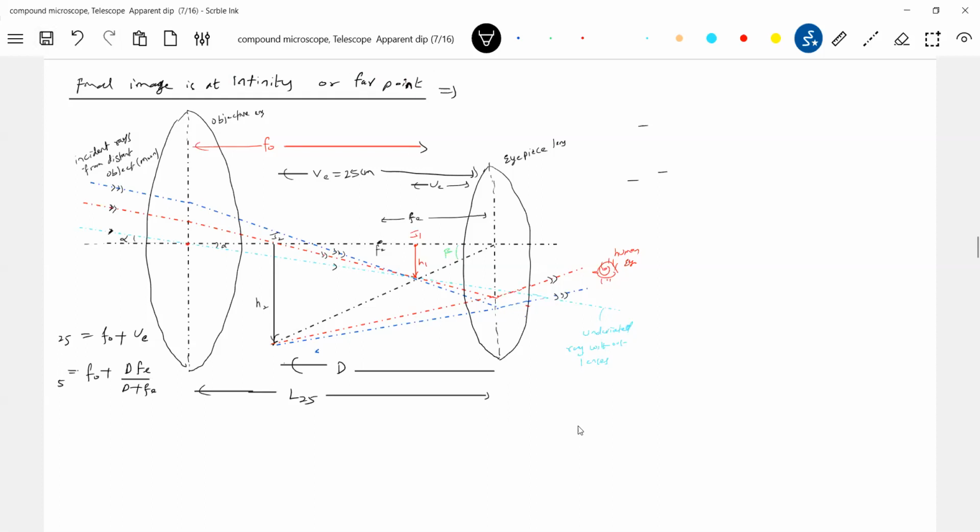Any of these things can be asked. So what should I do? I should not show this. This should not be visible. The rays after refraction should become parallel.